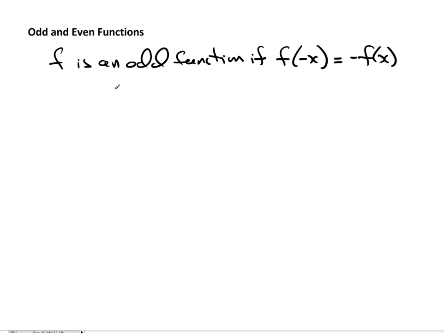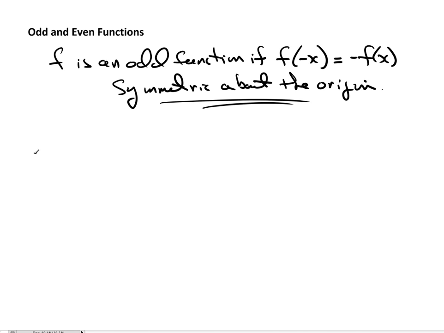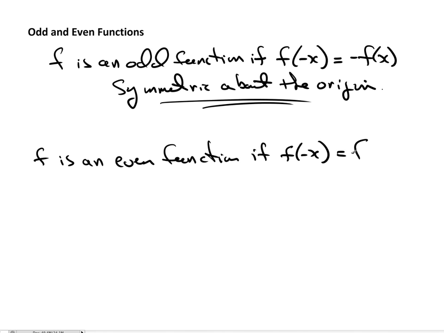In other words, this thing is symmetric about, or with respect to, the origin. Now, f is an even function if f of negative x is equal to f of x.